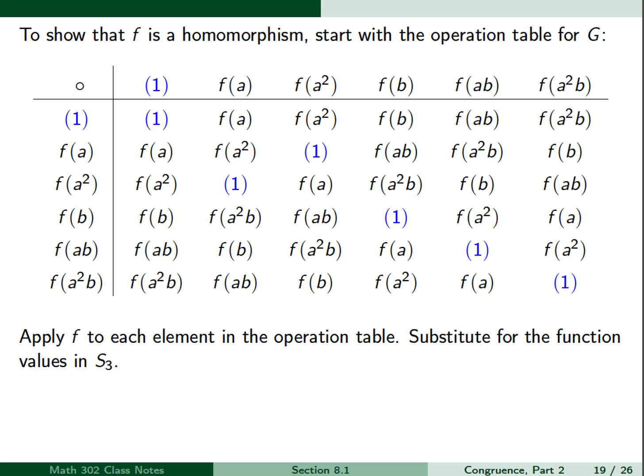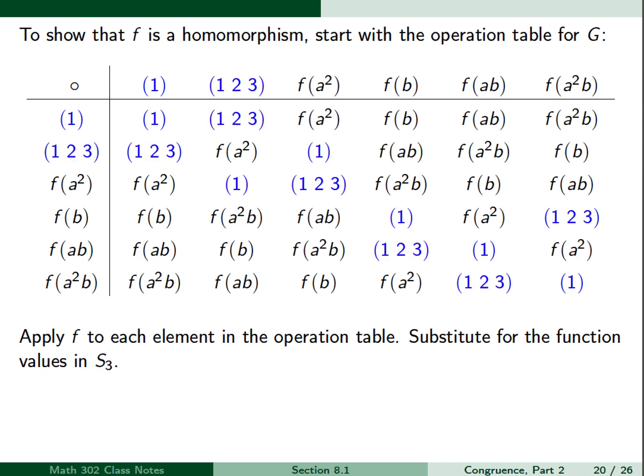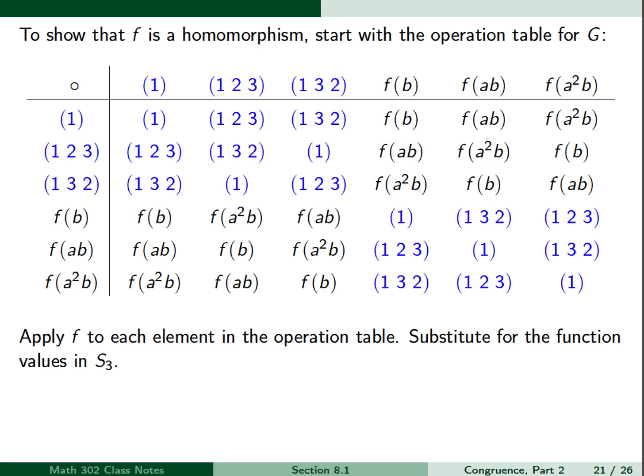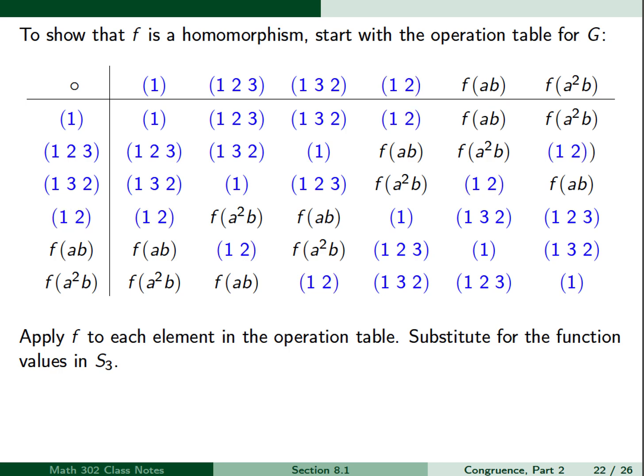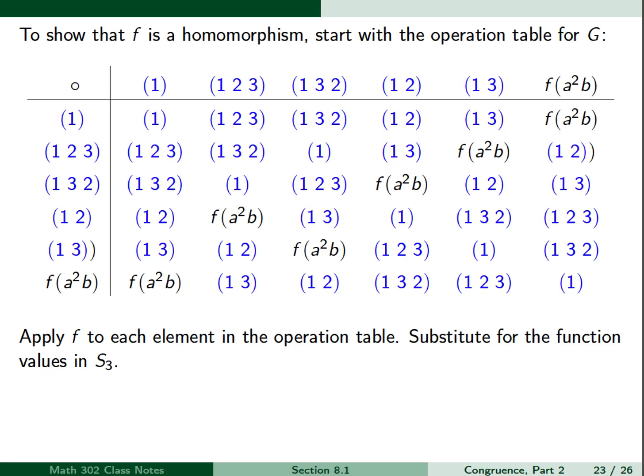And then F of A is the 3-cycle (1 2 3), so we'll replace each of those elements with (1 2 3). F of A squared is the 3-cycle (1 3 2). We'll replace each of those elements with (1 3 2). F of B is the 2-cycle (1 2). F of AB is the 2-cycle (1 3).